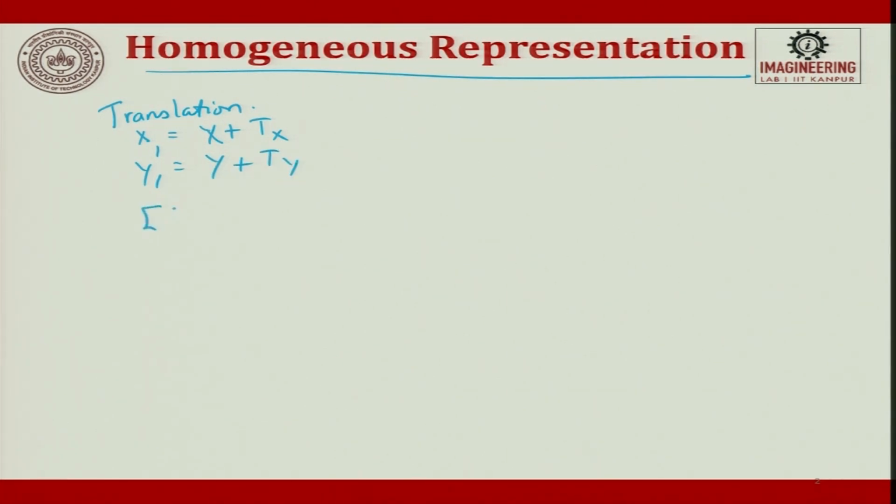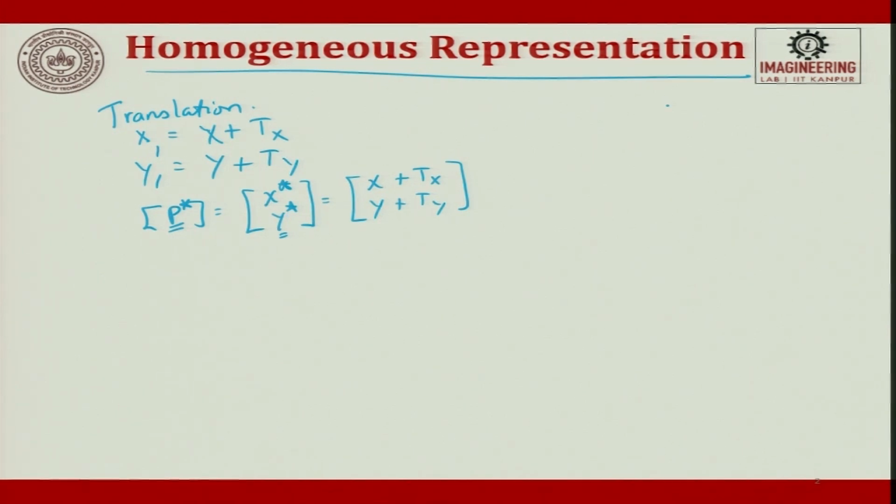So now the new point P star can be represented as x star, y star, which is nothing but x plus tx, y plus ty. So these are the points and these are the converted points.